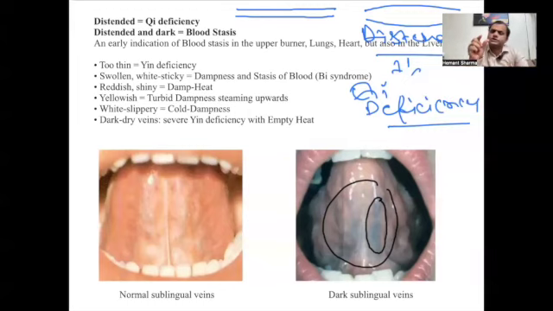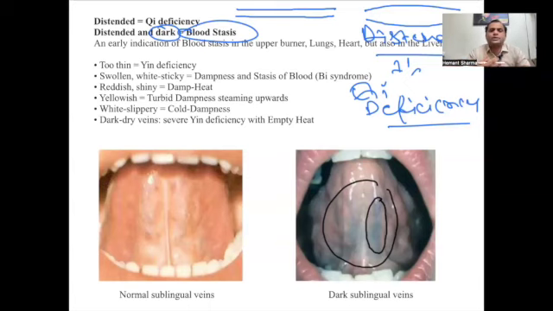If the vein is bulging, distending, it's the sign of Qi deficiency, remember. So you can see the tongue, then tell the person to fold the tongue and see the veins. If the veins are distended, elevated, bulging, it's the sign of Qi deficiency. And the dark color shows blood stasis.